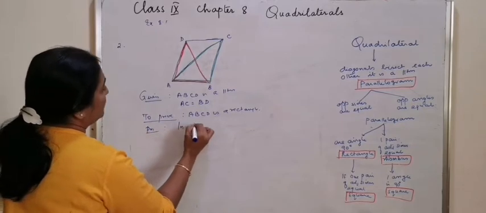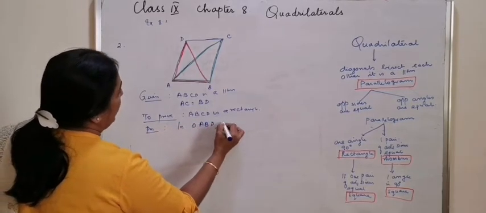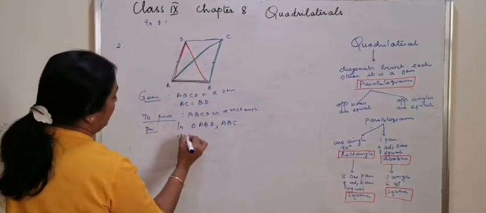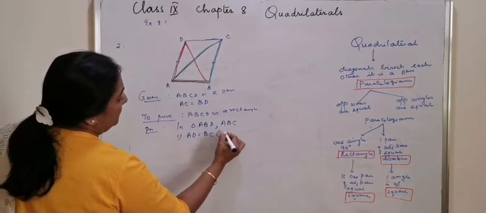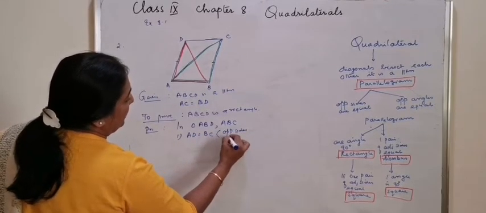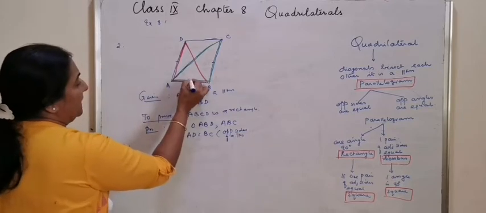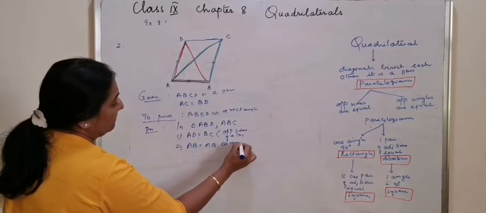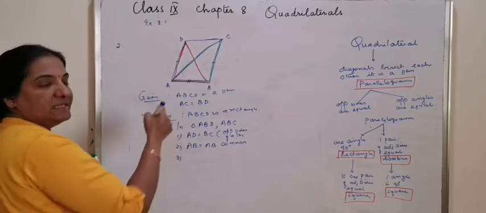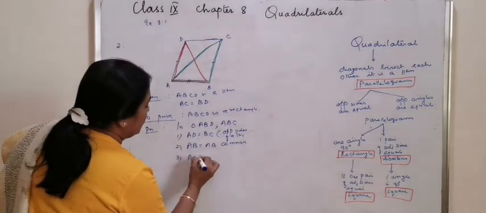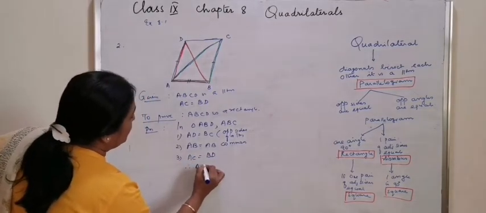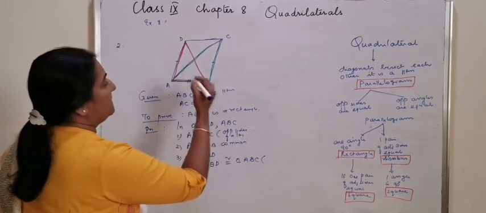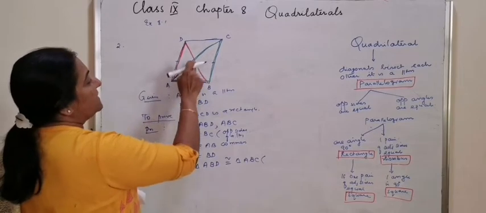So in triangles ABD and ABC, AD and BC are equal because they are opposite sides of a parallelogram. Then AB equal to AB, common, and it is given that AC and BD are equal. AC equal to BD, therefore triangle ABD is congruent to triangle ABC by side, side, side.